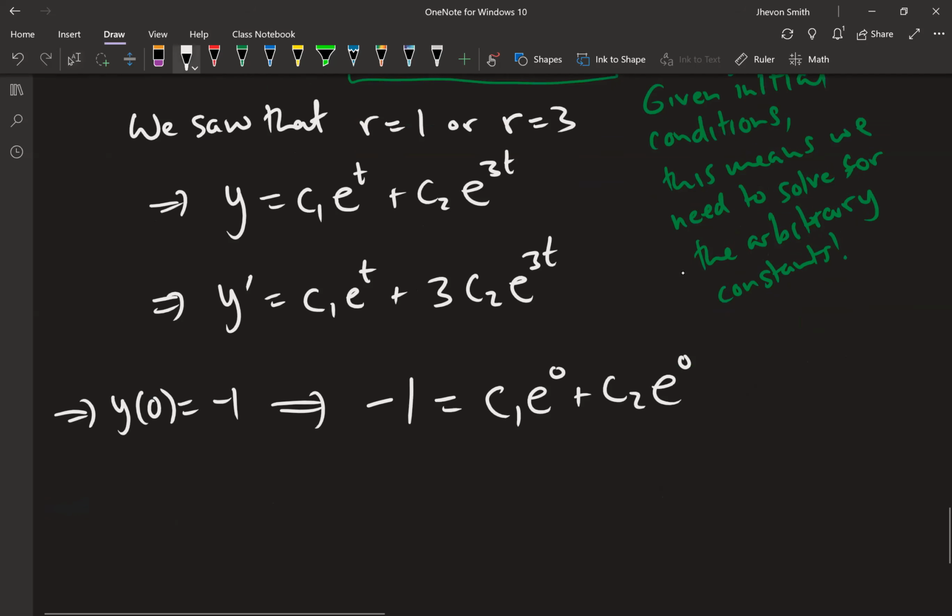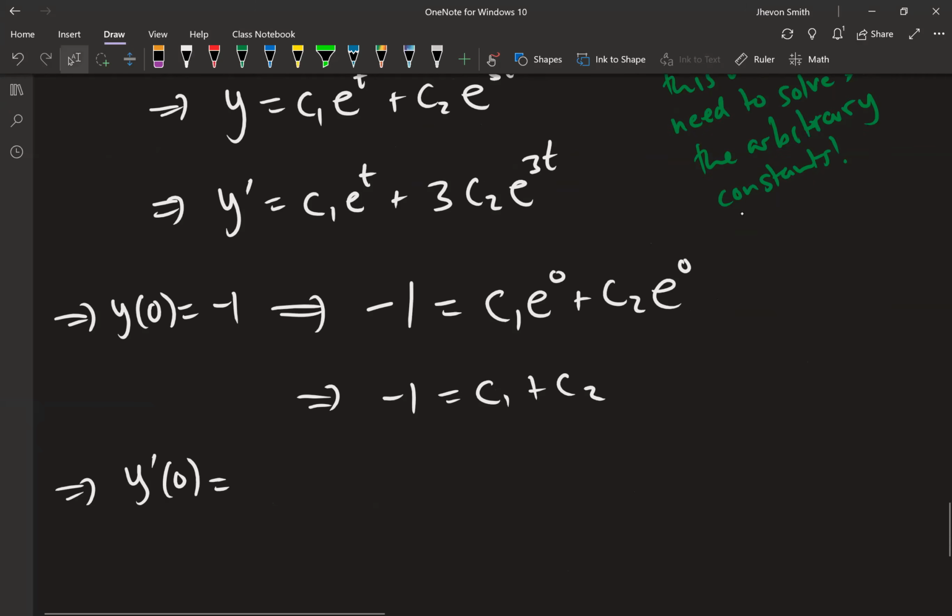Which means I have -1 is equal to C1 plus C2. And in the second one, y prime of 0, we were told that is -7. This means -7 is equal to C1 e to the 0 plus 3 C2 e to the 0.